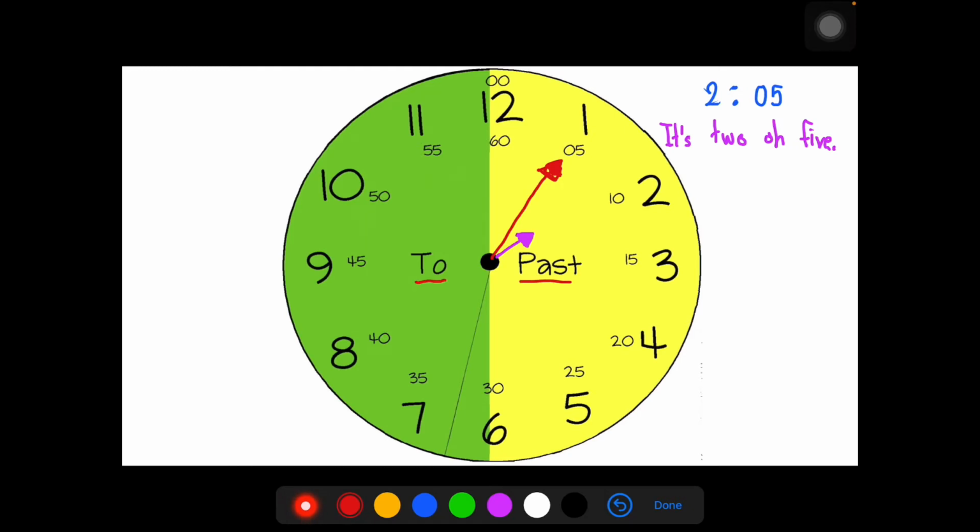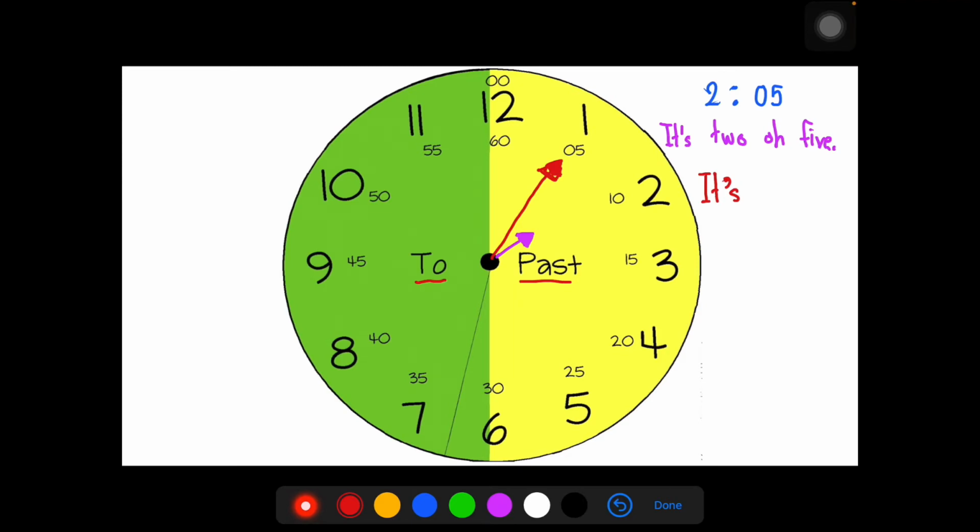How? Now we are focusing on the long indicator. If the long indicator is in the yellow part, from number 1 to number 5, we are going to use the word past. For example, number 1 is in the yellow part, right? So we read this one as it's... We are going to tell the minutes first.